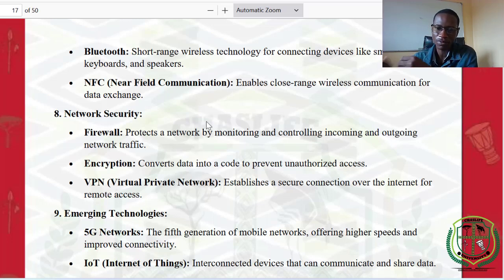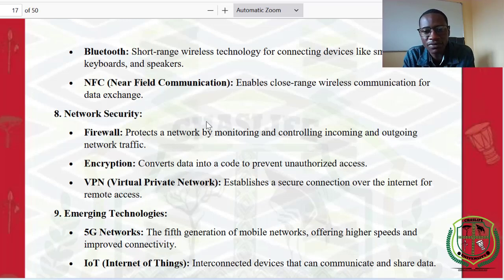I remember there was a point in Zambia where we were forced to use VPN. Maybe some of you may remember if you are a Zambian. There was some confusion where the internet was down, and as long as you were in Zambia, you couldn't browse the internet.